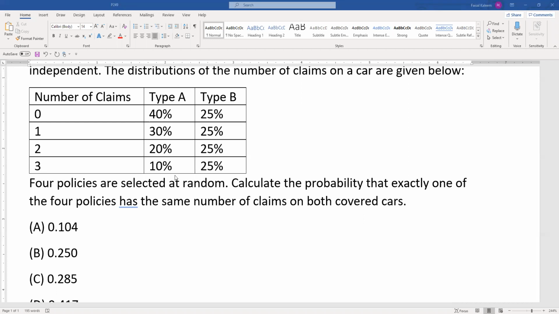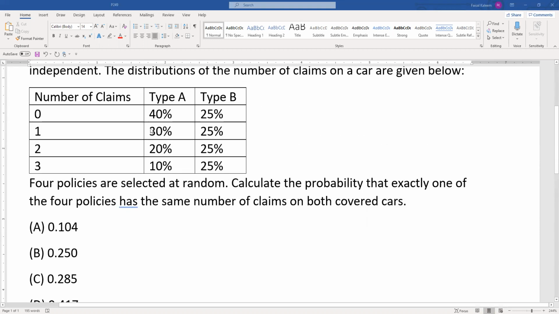So let's see what happens if a type A policy has the same number of claims. A type A policy will have the same number of claims on both cars if it has 0 claims on both cars, which means 0.4 on the first times 0.4 on the second, because 40% is the chance of one car having 0 claims, and for both cars having 0 claims, we multiply the two 40%.